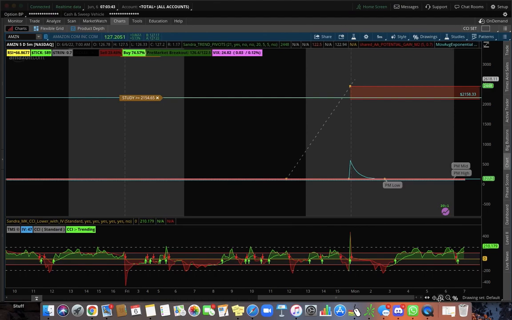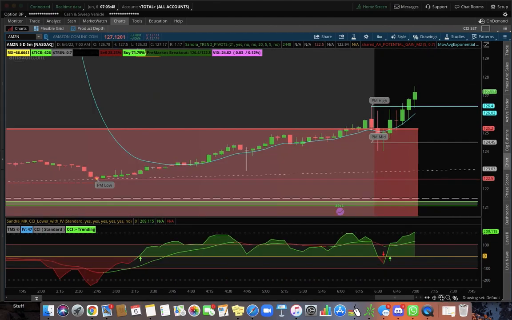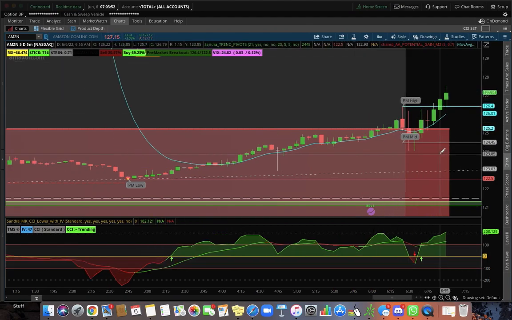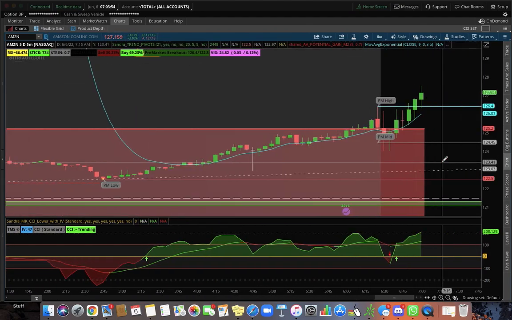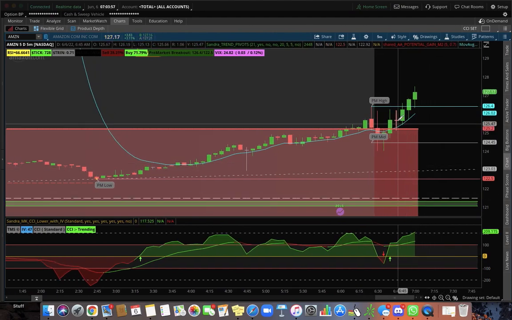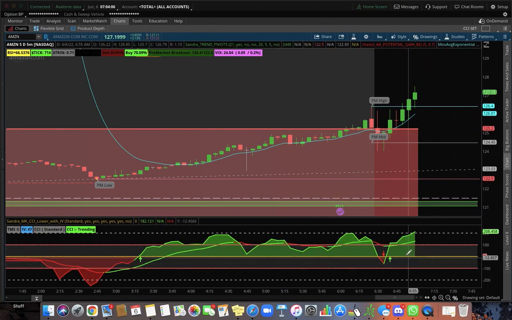Me too, it's weird. I think it's because it's still on the old. Yeah, it looks like the 1 minute's the only thing that really shows something accurate. I'm trying to figure out, is this my point of control or is this my resistance level? I don't even know if Thinkorswim knows, but it's above the 9, so let's just go with that. And CCI looks strong. So, looks good.